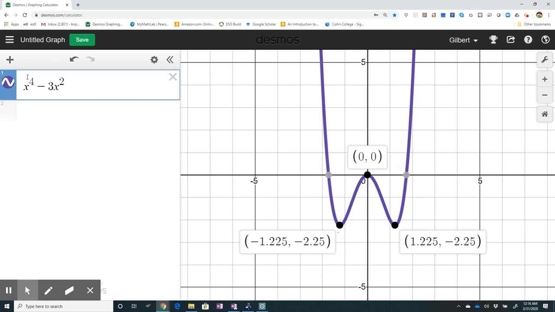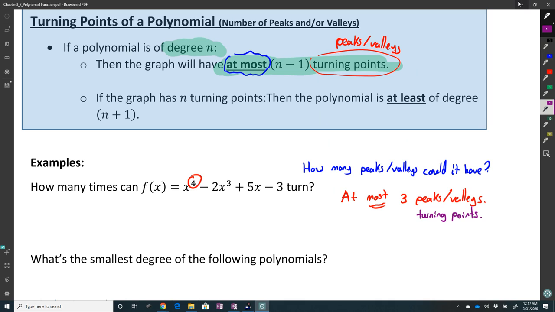Okay, so for x to the 4th, it turns out it can only have 1 turning point or 3 turning points. But it can't go over 3. So there's a limit. What that means is that it can have less, but 3 is the max.